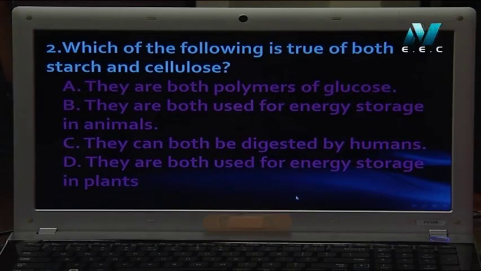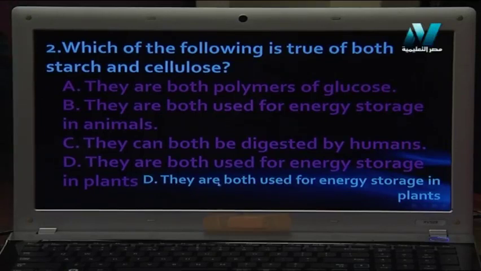They are both used for energy stored in the plant. I am talking here about starch and cellulose. Starch and cellulose, children, are considered number D: they are both used for energy storing in the plant. Starch is stored inside plants like potatoes, for example. Potatoes store starch as a source of carbohydrates. Cellulose is found in the cell membrane that makes up the cell of the plant.